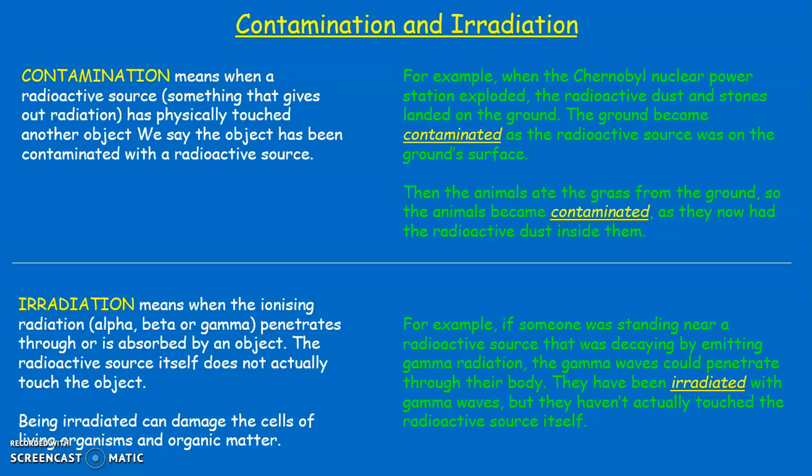If that person was to walk away from that radioactive source, they'd have no issues and they'd be safe because they're not being irradiated anymore. So irradiation can be reduced if we increase the distance from something, or if we decrease the time that they're in exposure to that object.